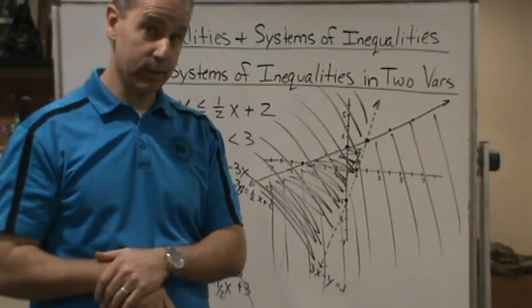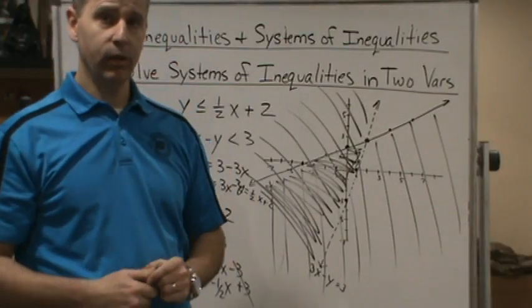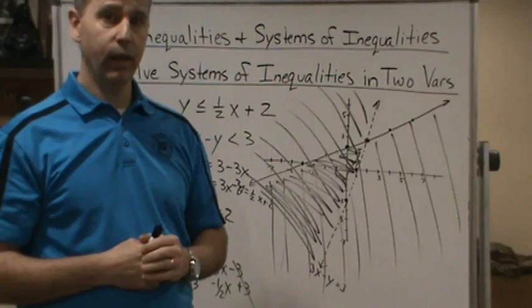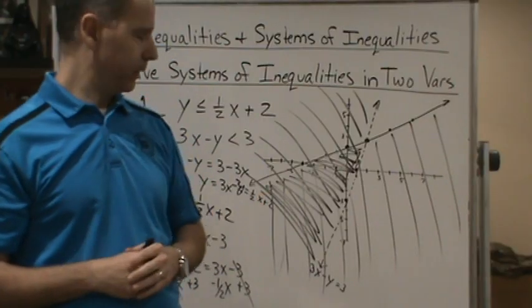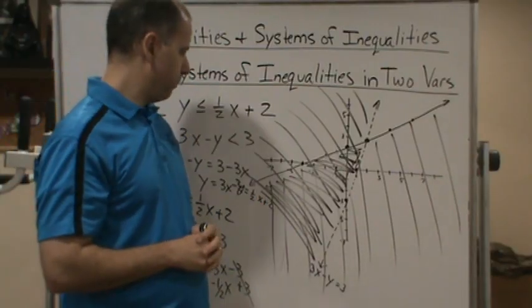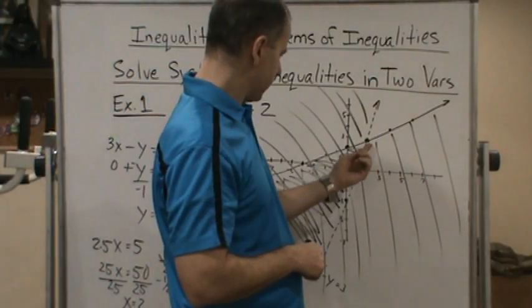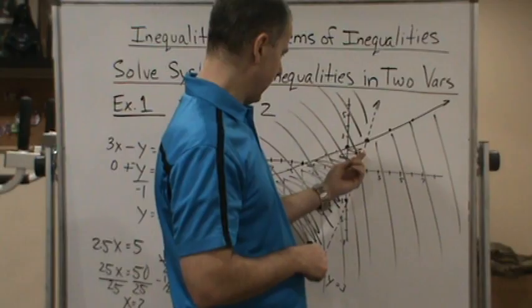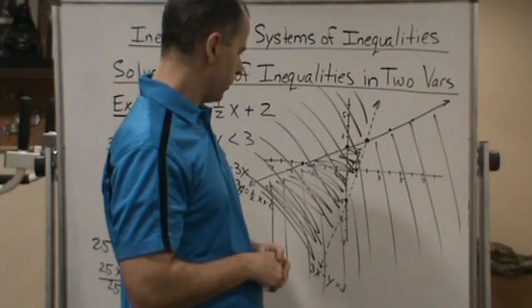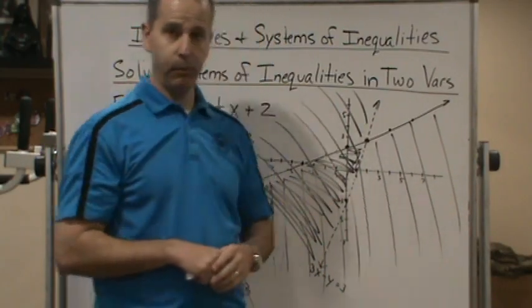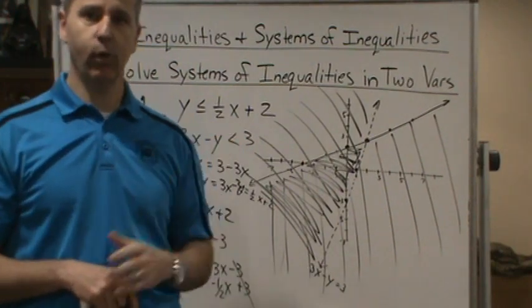You want to make them as neat as possible so you can read them, and so I can read them if I'm grading it, but always verify where the intersection point is. Here, I saw that it went through the same point that I had plotted, 2, 3.